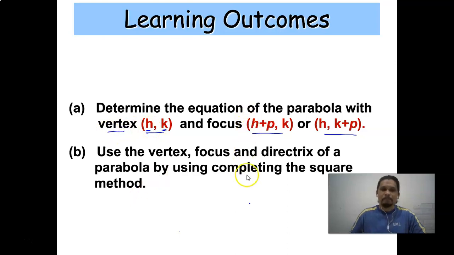Okay, so it might be that your dad or your parents have an astro in the house, and if it's the first time you see a parabola, the shape is something like this.